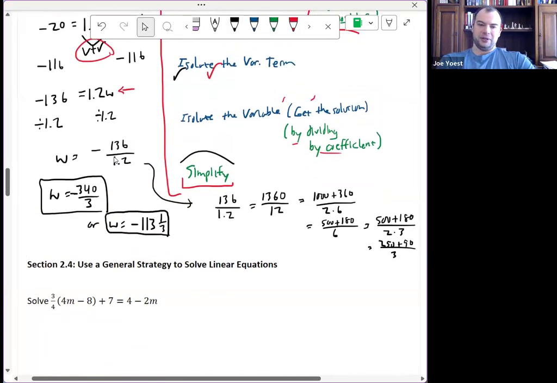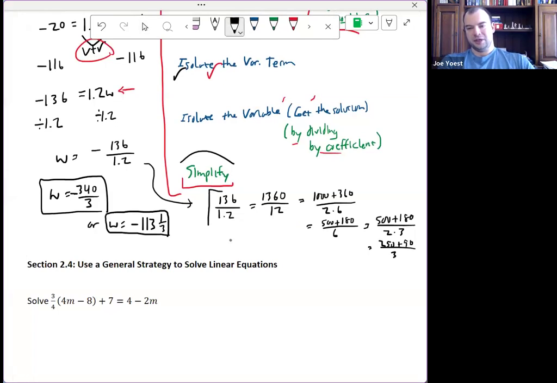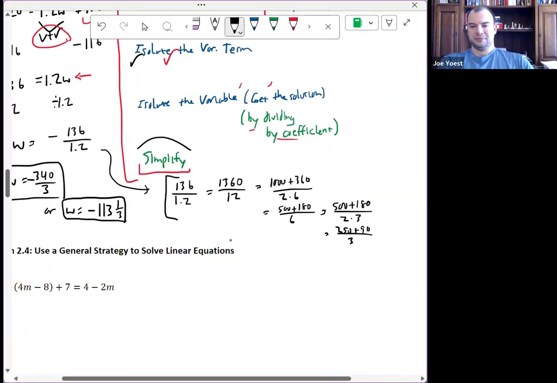And then just going through the 136 over 1.2, I just pulled the negative off and brought it over here to the side to do some scratch work to work out what that is. And sometimes doing things like this, 1,000 plus 360 over 2 times 6, I can divide the 1,000 by 2 and the 360 by 2 separately.